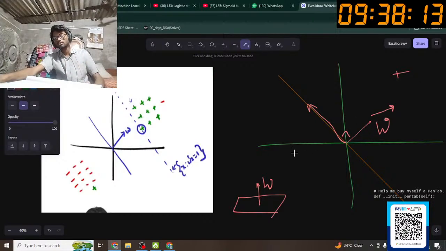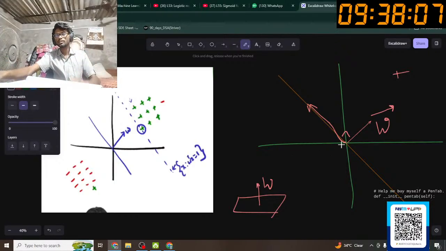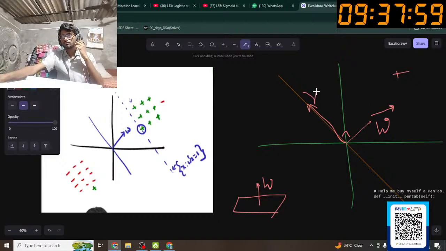From the definition of dot product, we know that the dot product of two vectors is given as mod of x, mod of w, times cos of the angle between these two vectors.